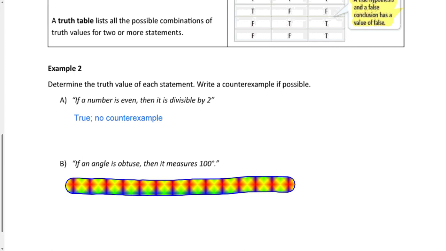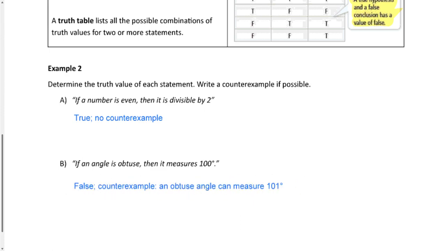Yes. Is that what we originally stated in our if-then statement? No, it said 100. So we would say that this statement is false. Our counterexample is that an obtuse angle could measure 101 and it still works for us. So we have to make sure it follows the validity of our truth.